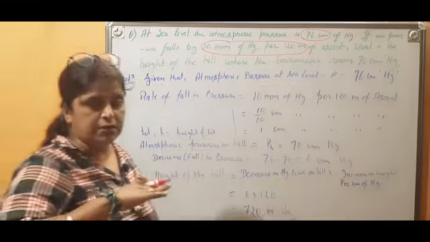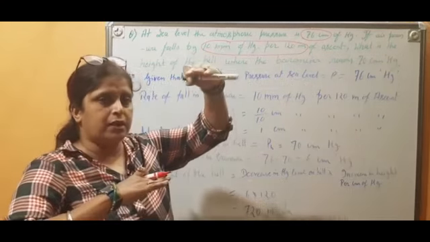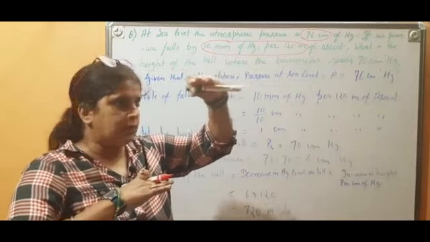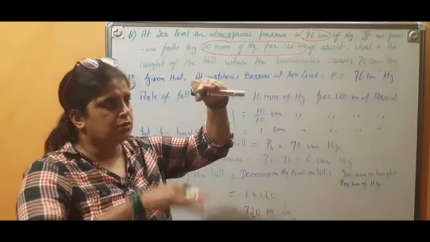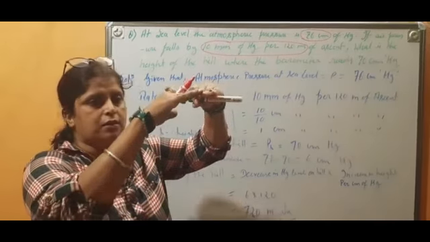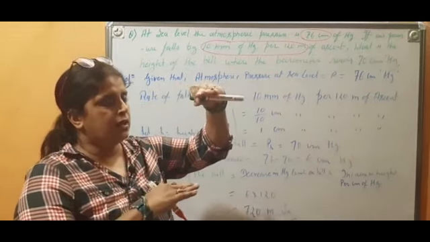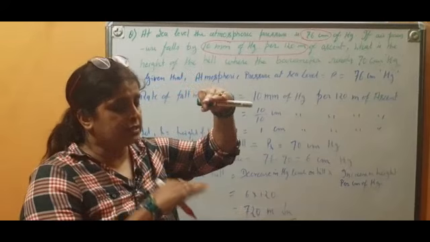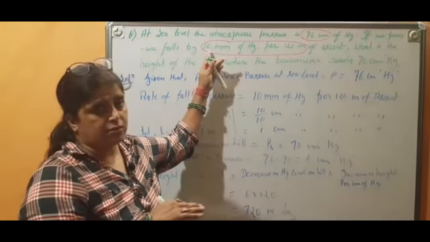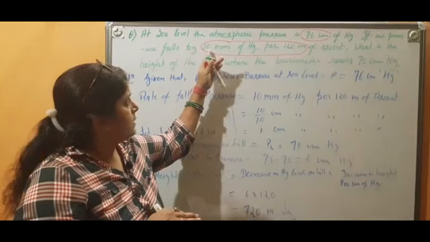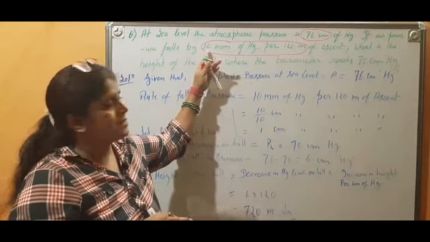It means if it is sea level and this place is at 120 meter height, and here is 76 centimeter. So from here to here there is decrease in air pressure, and how much? That 76 centimeter minus 10 millimeter. We will convert it into centimeter, and then this is equals to 1 centimeter.